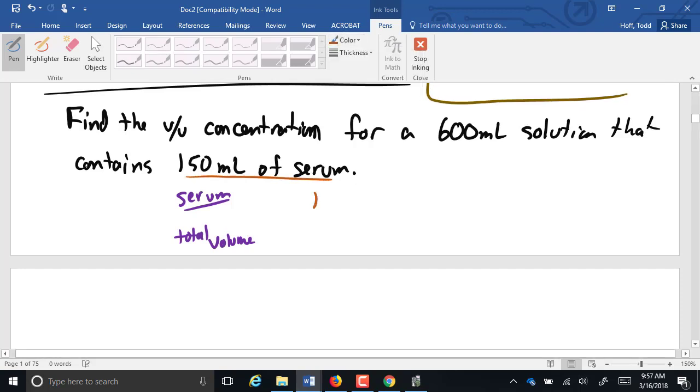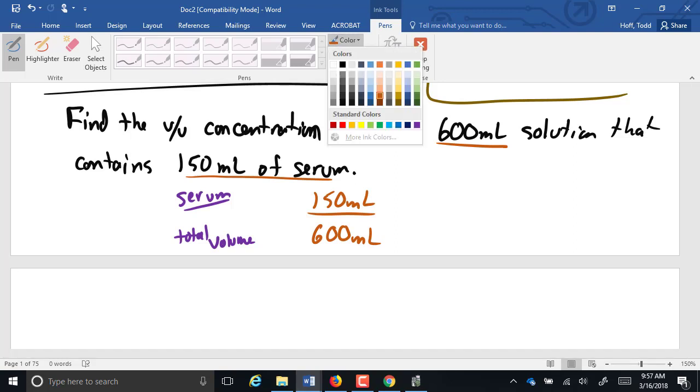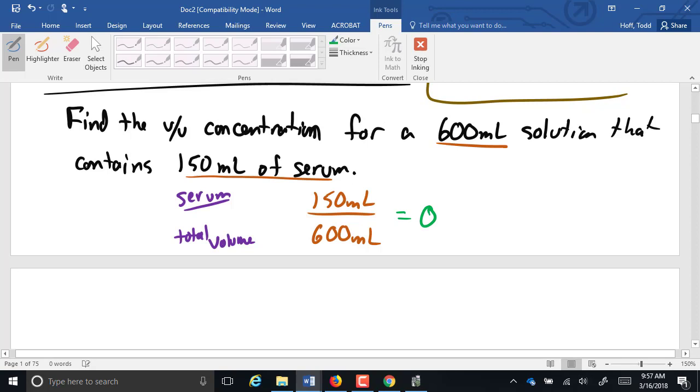I have the 150 milliliters. I have the 600 milliliters as my total volume. If I divide those out, I get 0.25, otherwise known as a 25% solution.